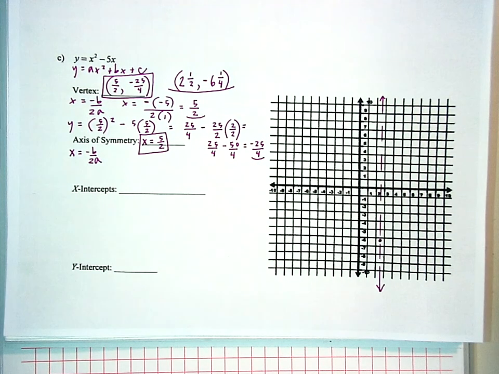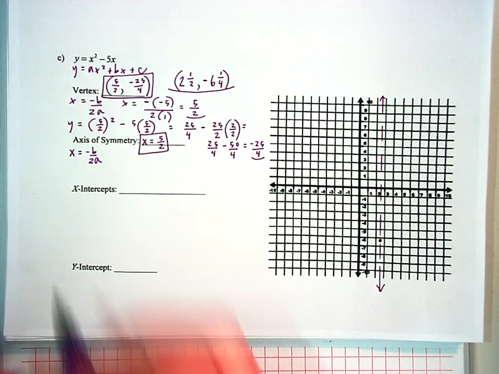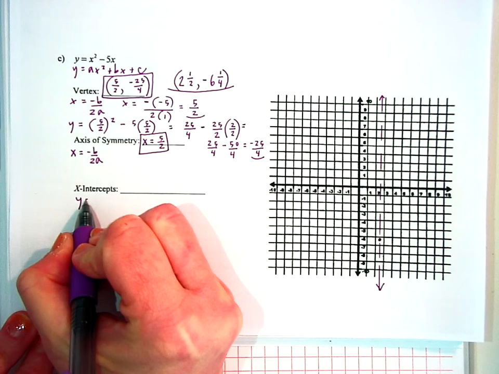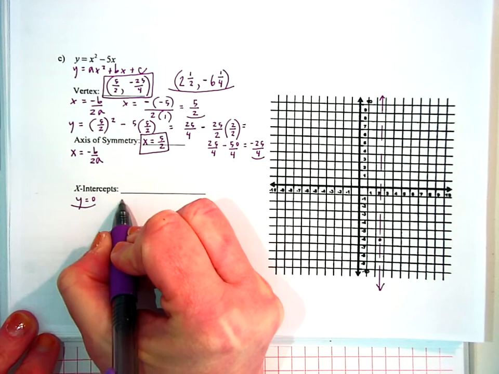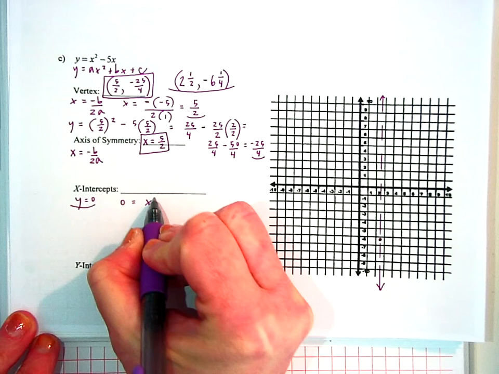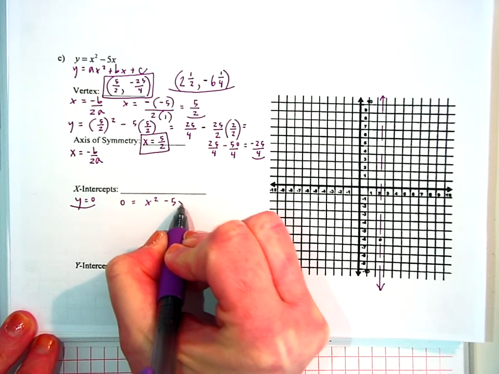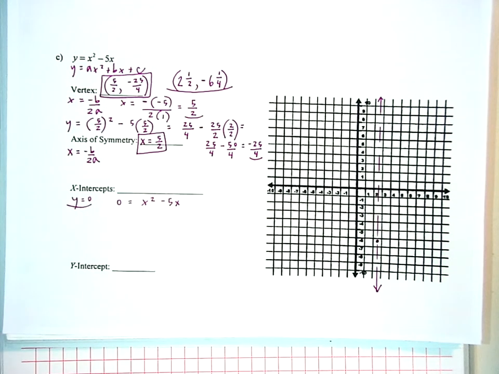My x-intercepts, right, the y value is 0. So 0 equals x squared minus 5x. So if I run through my list, I would not solve by taking the square root. I do have a linear term here. Okay, next up, can I factor? Well, yeah, I can factor. I have a very easy to see GCF.